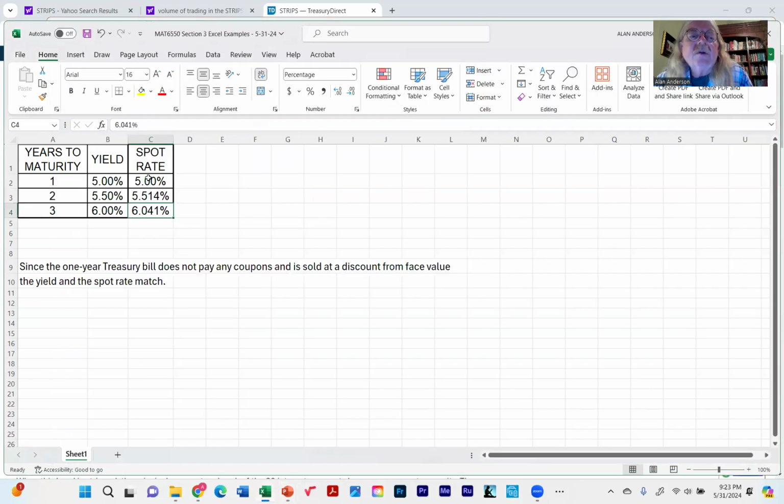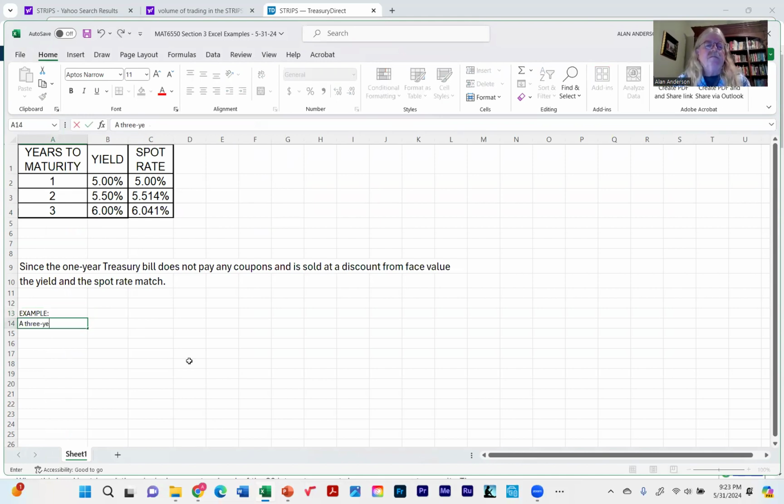And like I said, what's important about this is that if I had a 3-year bond, let me just make up an example real fast. A 3-year bond has a coupon rate. This is actually the treasury market, so let's say this is a 3-year treasury note.